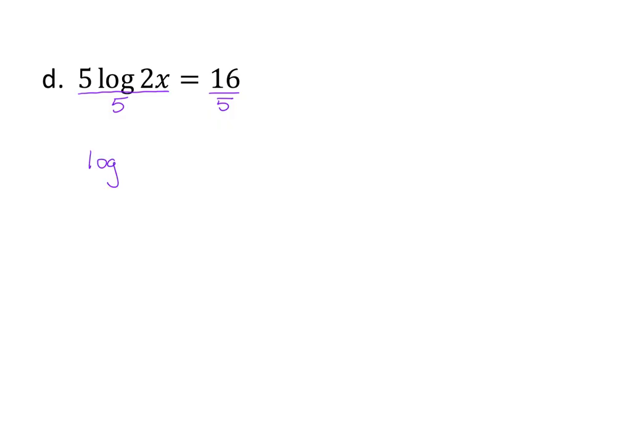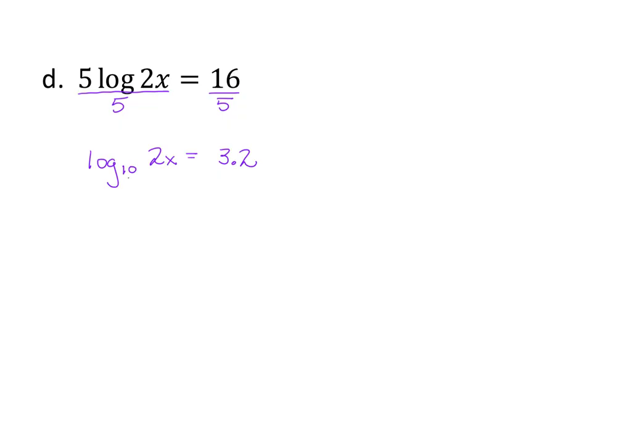And I'm also going to rewrite this as log base 10 of 2x. I'm also going to simplify this and convert it to a decimal. If we divide 16 by 5, I do believe that we get 3.2.